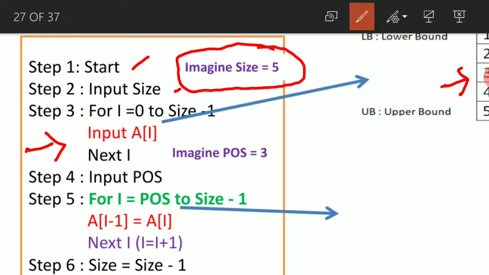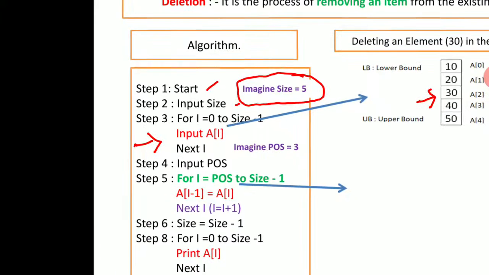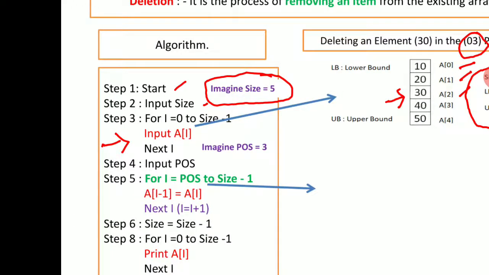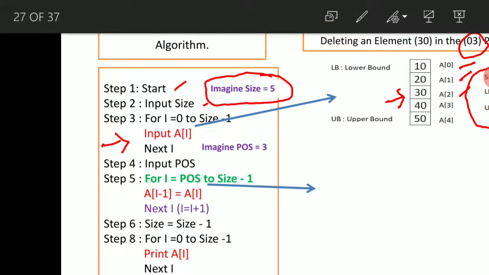When I is equal to 0, we are asked here to input a of 0. The a of 0 is 10. Then the I value gets incremented and becomes 1.